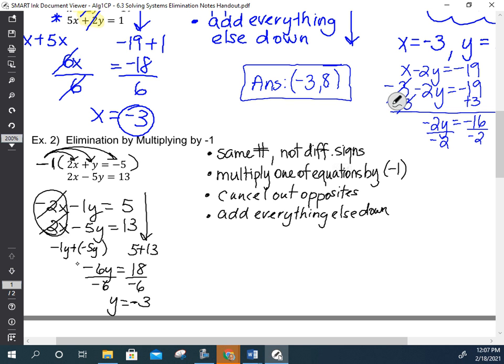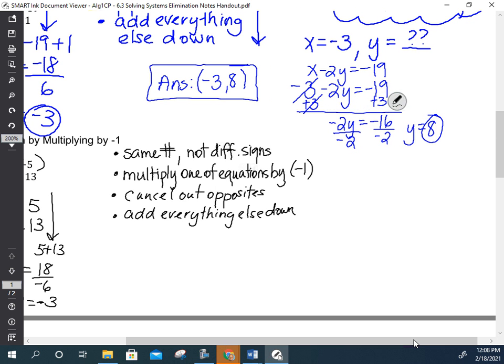So now, y equals negative 3. We know what y is equal to, but we don't know what x is equal to. So if I know what y is equal to, what can I do with it?